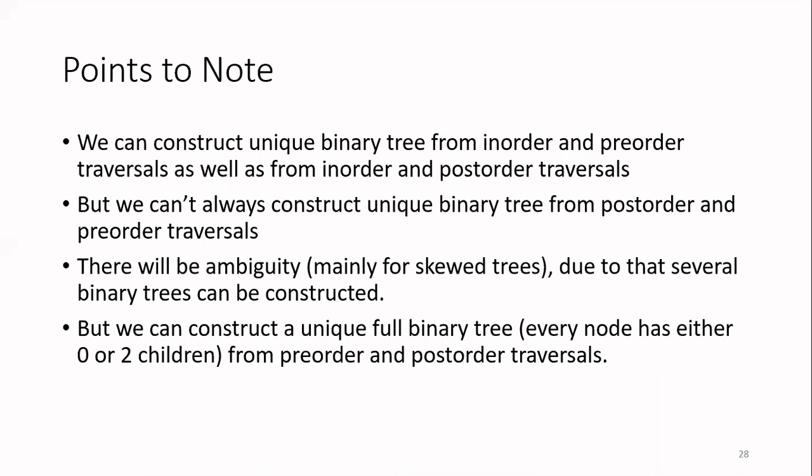What is the meaning of full binary tree? If the initial tree has nodes such that every node has either zero children or two children, you can construct a unique binary tree from the pre-order and post-order traversal. Otherwise, if it is skewed where it has only one child, you cannot construct. So with this, the construction of binary tree from two traversals is over.